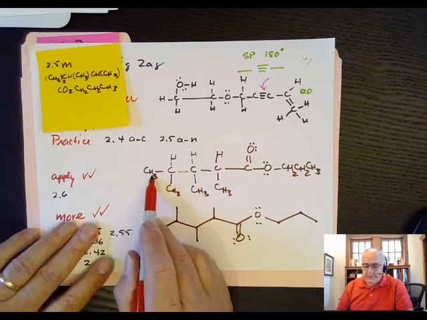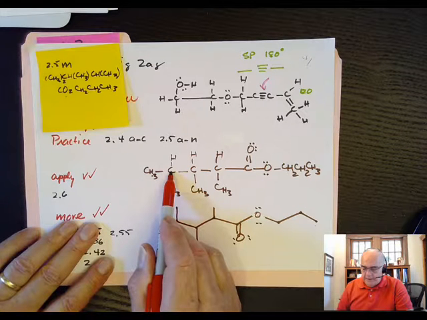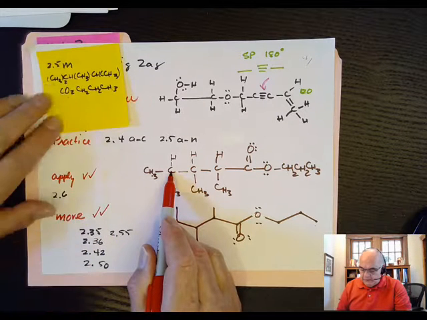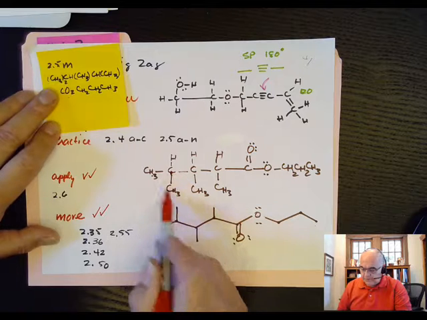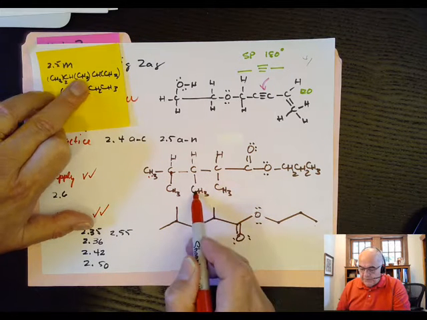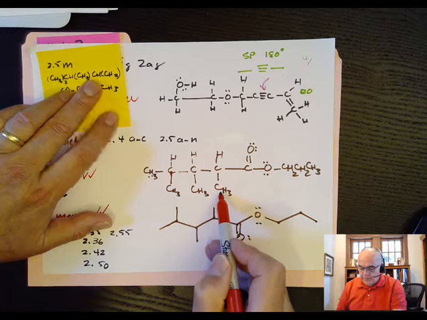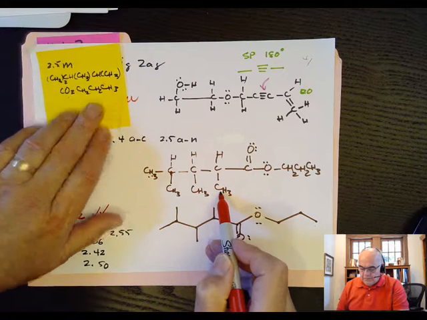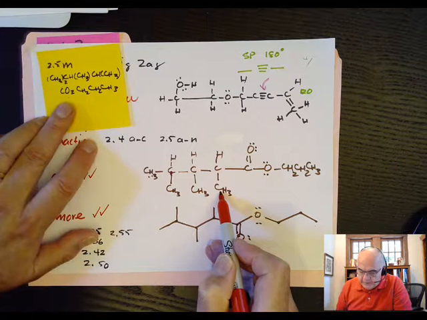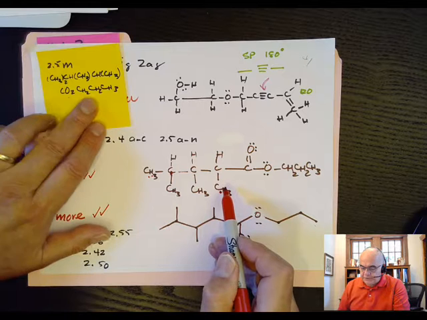I said CH3, methyl group, remember, bonded to the carbon. So this carbon, which is a CH, has 2 methyl groups. Then we have a CH with a methyl group. We have another CH with a methyl group. Then we have CO2, CH2, CH2, CH3.